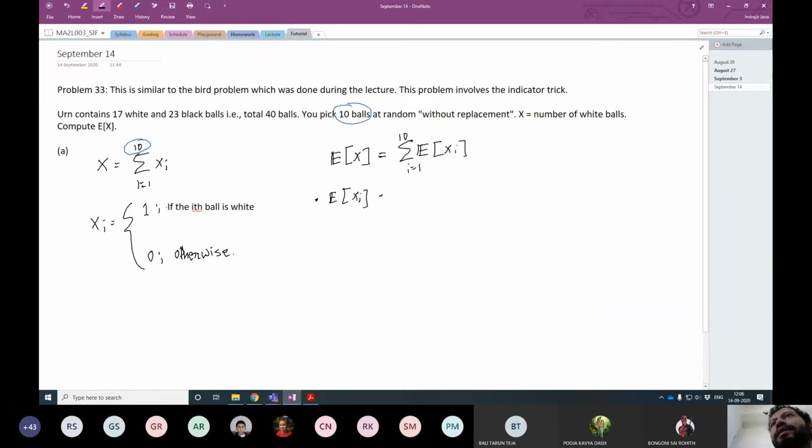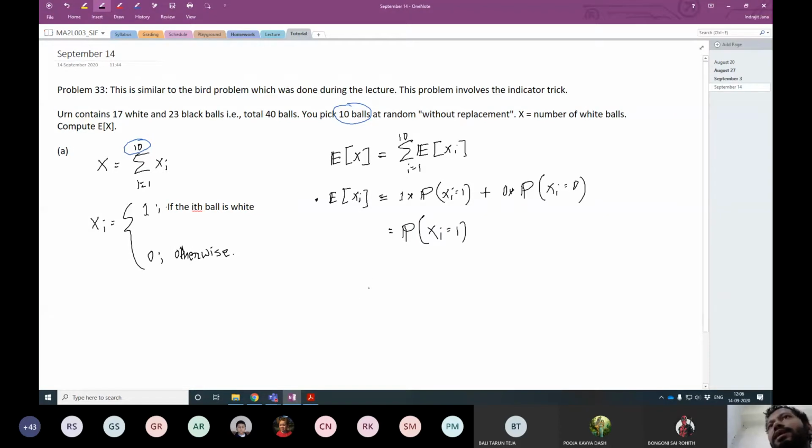Okay, so expectation of Xi: Xi takes values 1 and 0, so this is 1 times probability Xi equal to 1 plus 0 times probability Xi equal to 0, which is probability Xi equal to 1. So essentially we want to find probability Xi equal to 1.